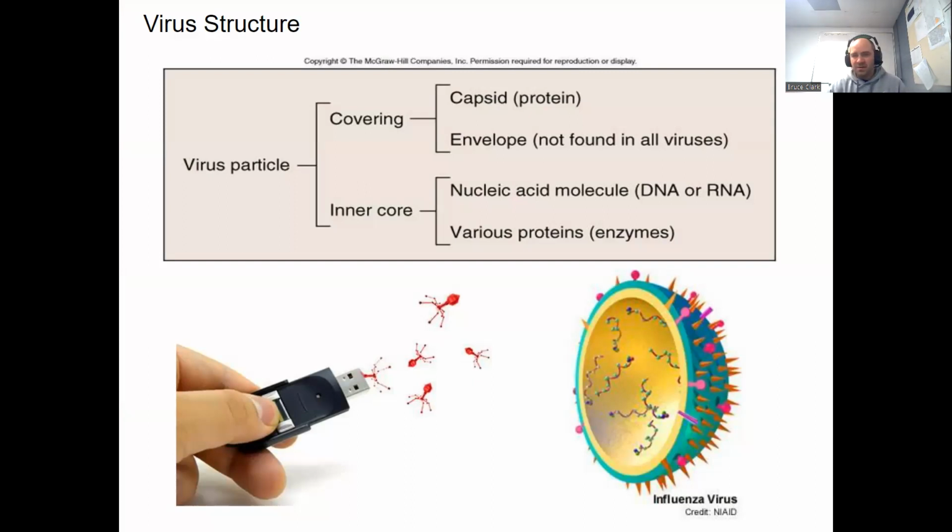Sure, it's got programming on there. It can infect a computer. It can add different parts to that computer. Information is what it is. So kind of like with viruses. Viruses are these protein and DNA entities that are not really doing anything other than infecting other organisms.